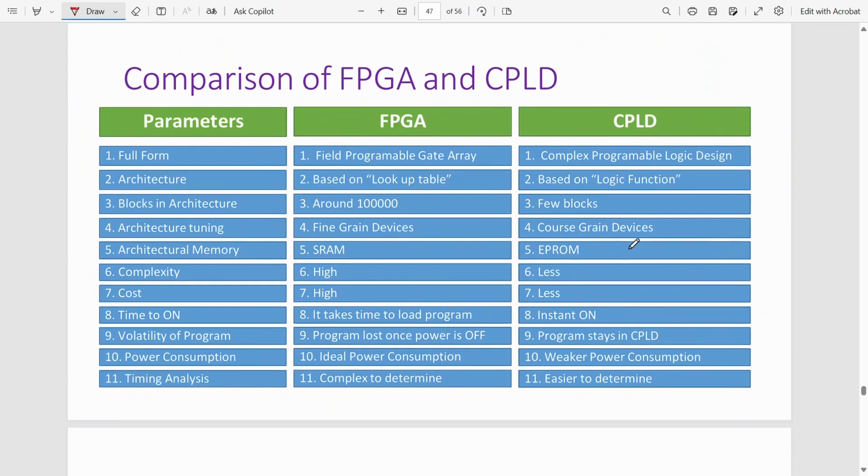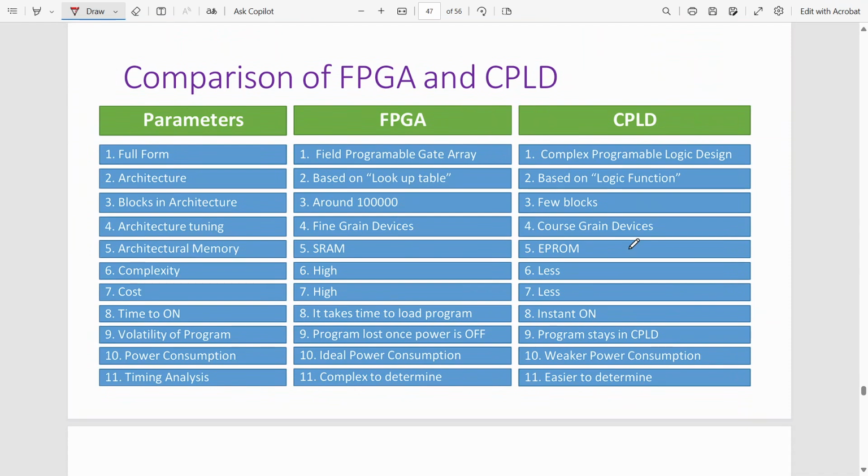Next, the comparison between FPGA and CPLD. The full form of FPGA is field programmable gate array, and CPLD is complex programmable logic device. The FPGA architecture is based on lookup tables, LUTs, which implement the logic function.